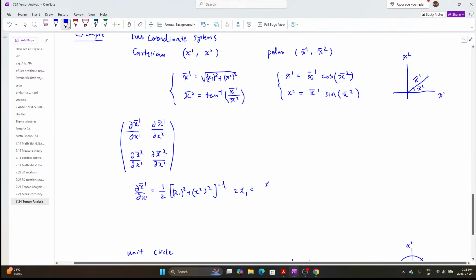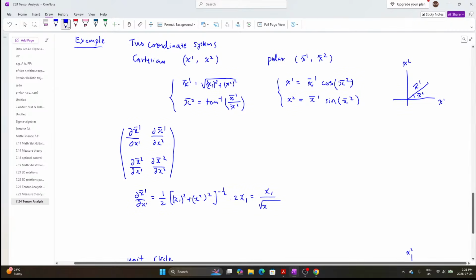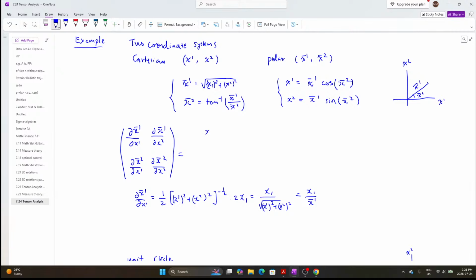So this is just x^1 over the square root of x^1 quantity squared plus x^2 quantity squared. You see, I messed up the upper and lower index. This is so tempting to write as a lower index because you've been doing that for years. Okay, so this is just x^1 over x bar^1. That's basically x over r. So yeah, you have x^1.